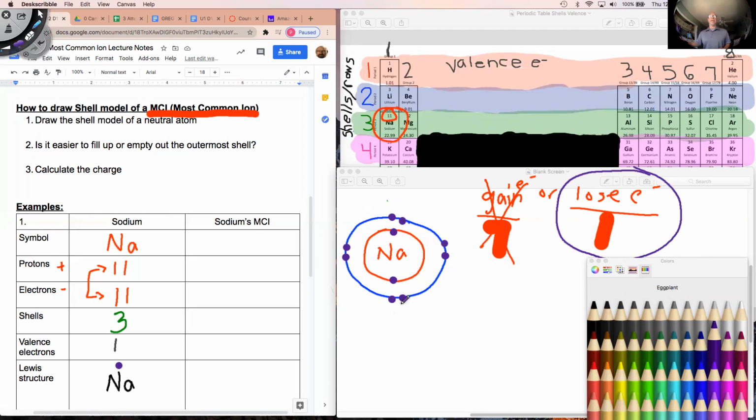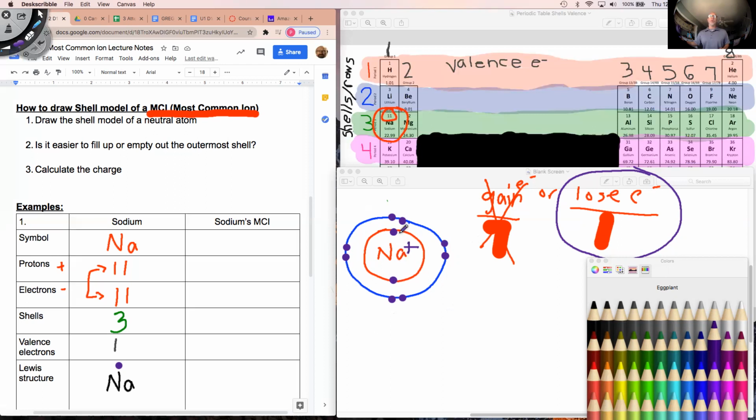And that's going to mean that sodium becomes sodium ion, Na plus, right? Because we can't leave it as Na anymore. It has to be Na plus because we've lost that electron. If we put that electron back, it would be Na regular again.